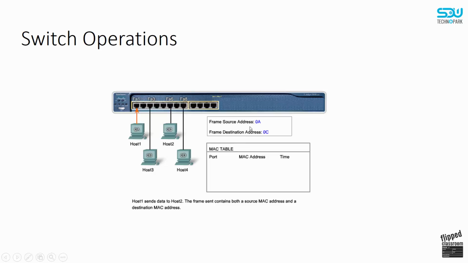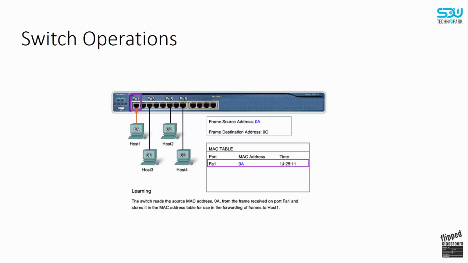The switch immediately understands that port number FA01 is connected to MAC address 0A. This is just an abbreviation of the MAC address, and the switch immediately writes this information into the MAC address table. This process is called learning, because the switch is learning which MAC addresses are connected to which ports.